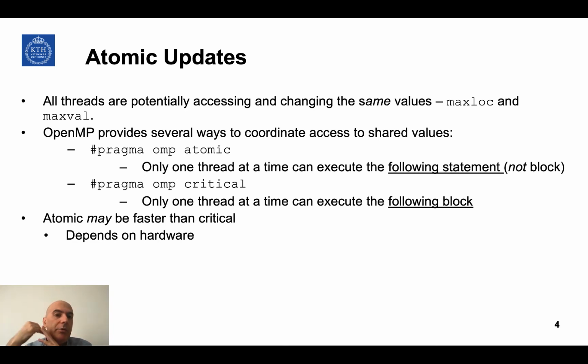What is the difference between atomic and critical? Critical is followed by a block of code, while omp atomic is just one statement, no block. Atomic might be faster than critical, but mostly it depends on the hardware and also on the implementation.